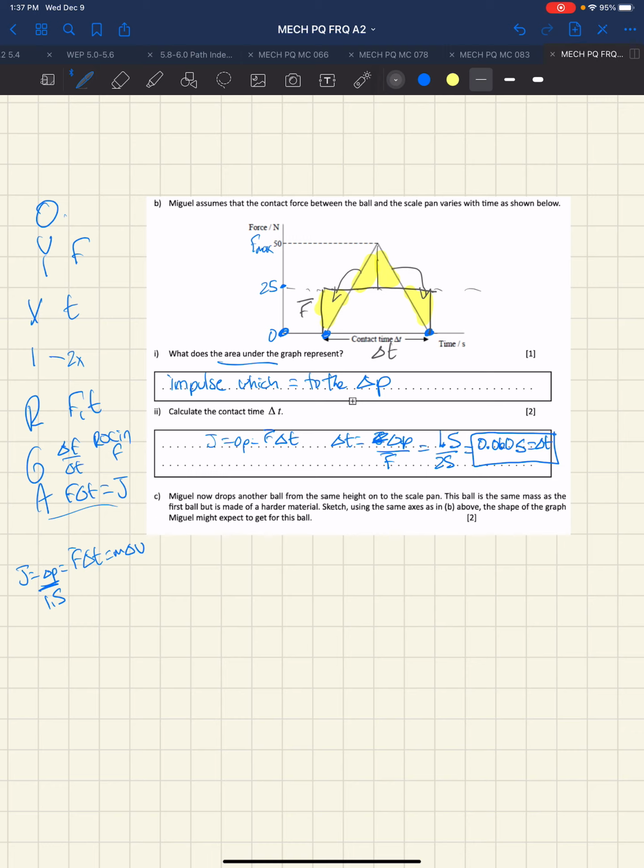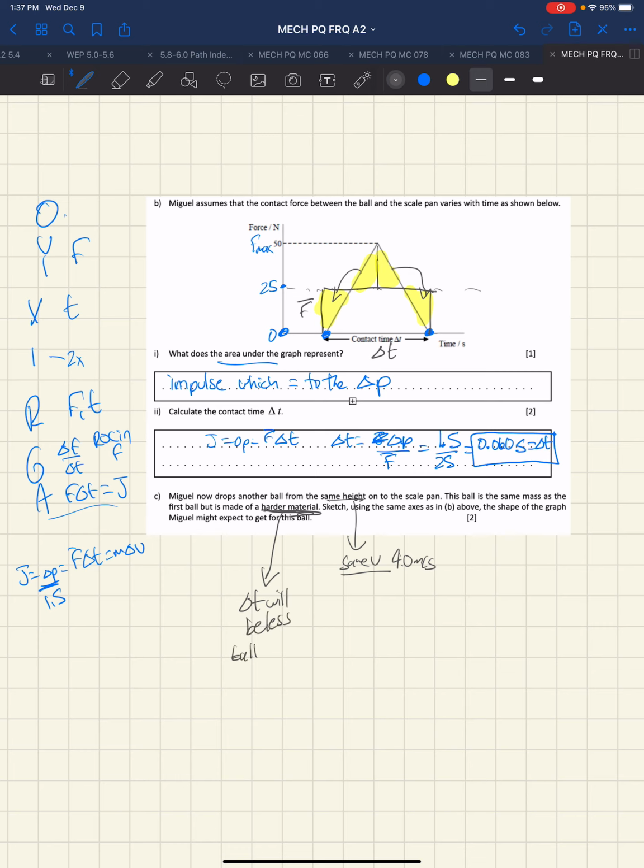So now we're told Miguel drops another ball from the same height onto the scale pan. Same height, okay. So that means it's going to have the same velocity. So we know it'll be 4.0 meters per second. It's made of a harder material. A harder material means that delta t will be less.